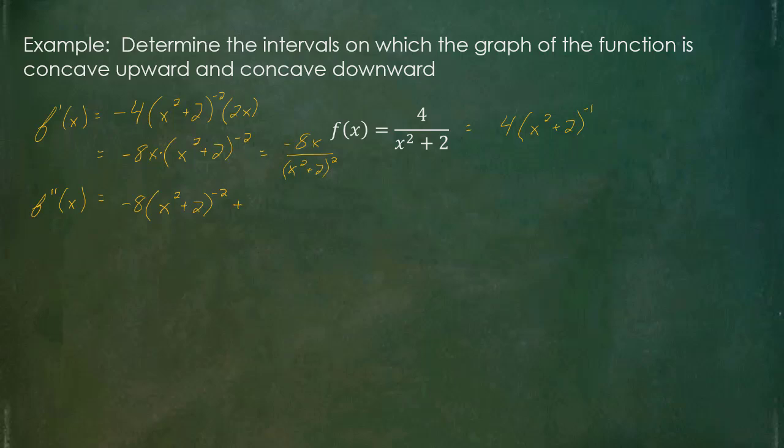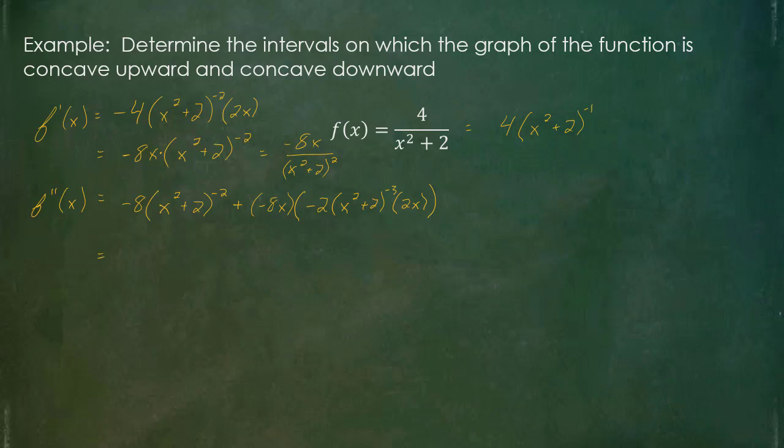Then I'm going to add that with, I'll keep the first this time, so that's going to be a negative 8x. That we'll need to multiply with the derivative of the second function, so this is going to be another chain rule, so negative 2 would come out front. x squared plus 2 will now have a power of negative 3 on it, and then multiply by the derivative of the inside, which once again is going to be 2x.